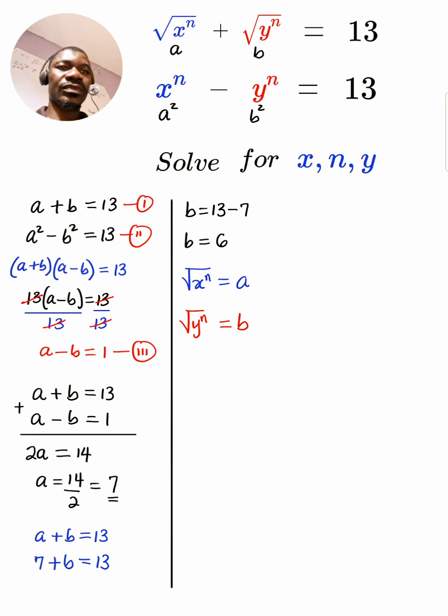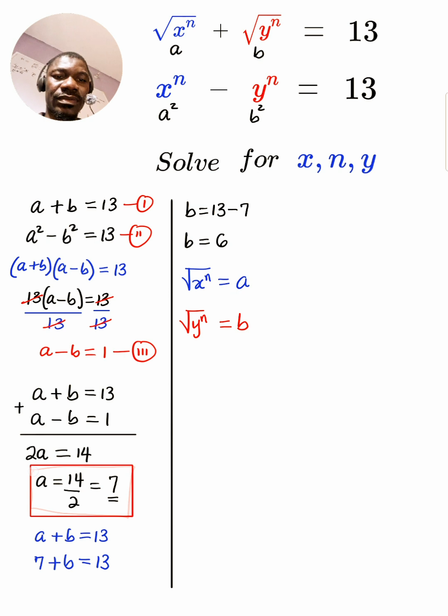Since we know that a is 7 and b is 6, let us replace a and b with 7 and 6.